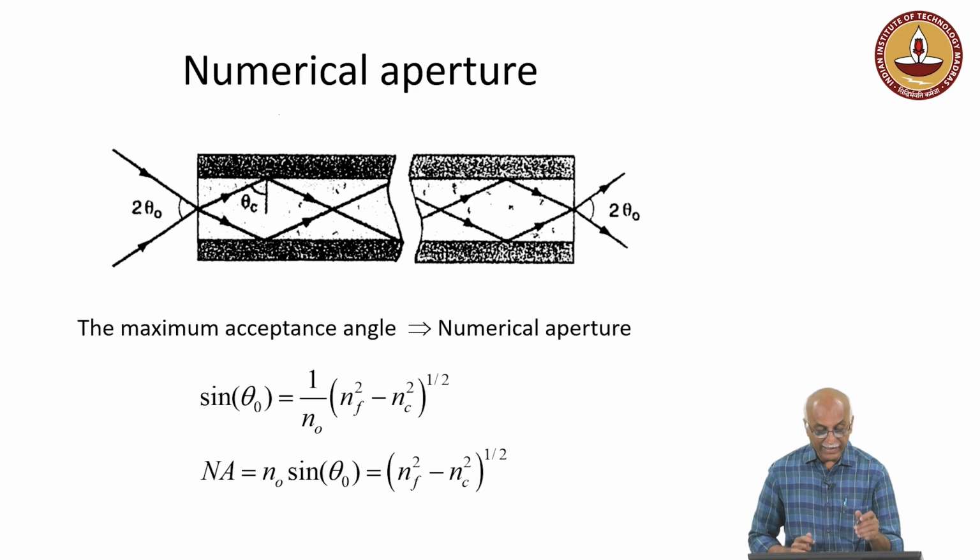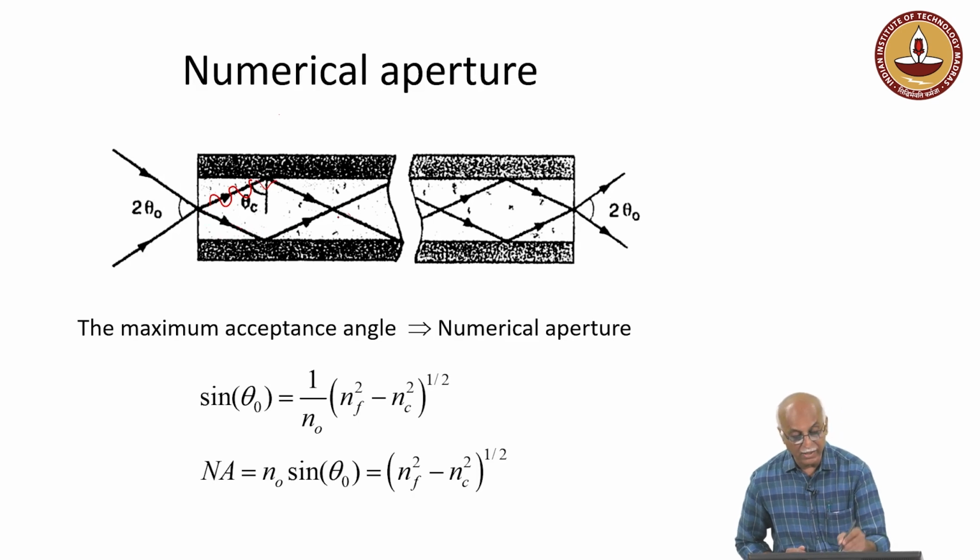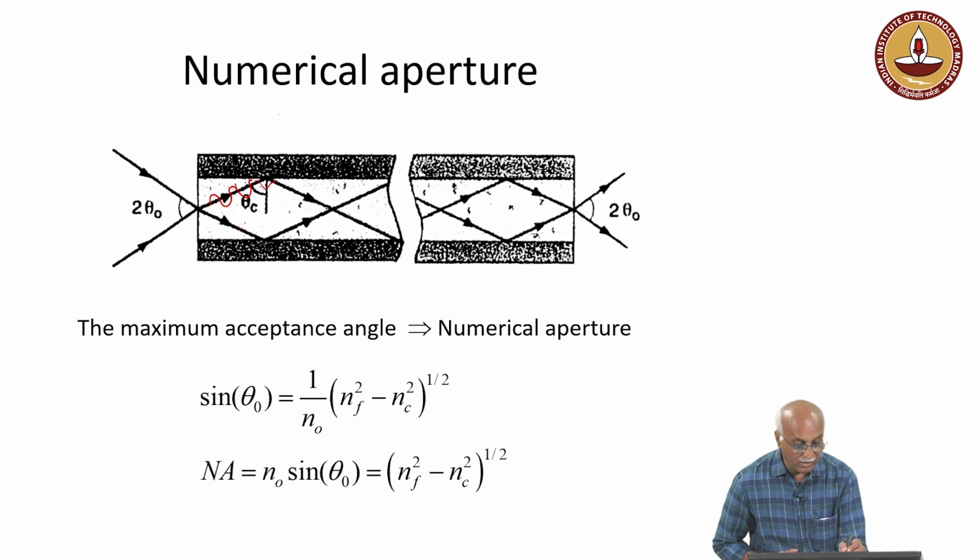However, the electromagnetic wave, let us say a transverse electric wave, is traveling in this way, and then it will get over here, undergo a phase change, and get reflected.